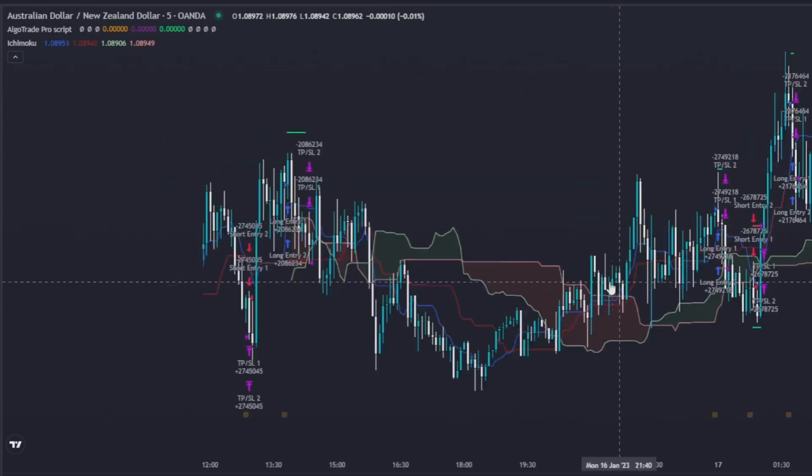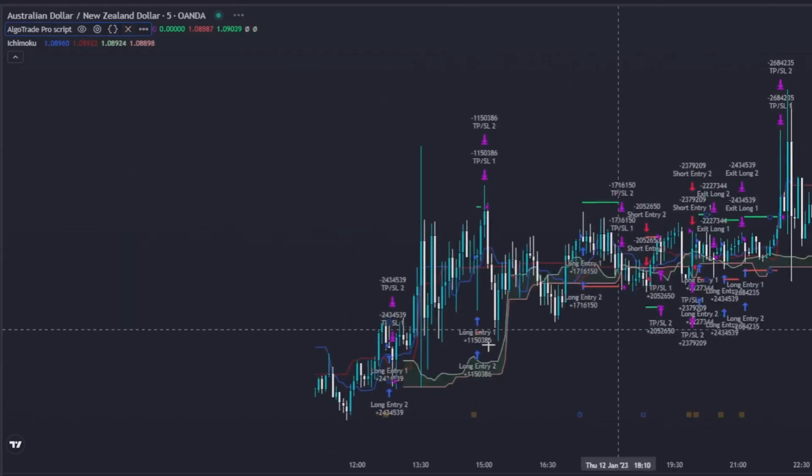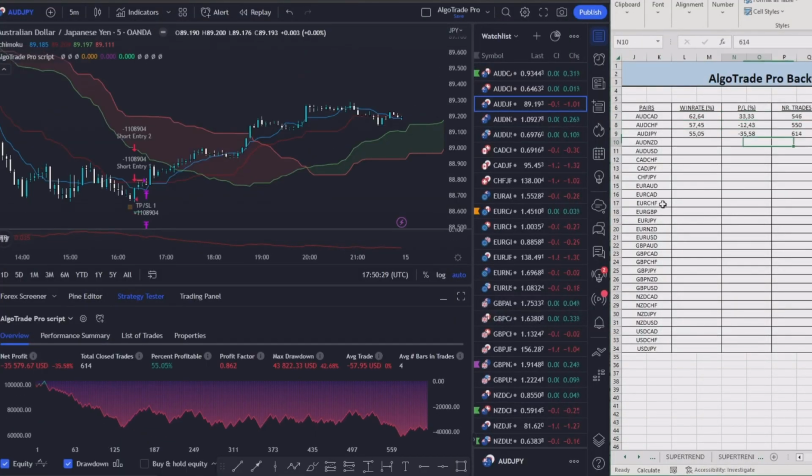Let's check. I will redo the backtest on the same 28 pairs, but now on the 5-minute time frame and on the max data TradingView can provide.